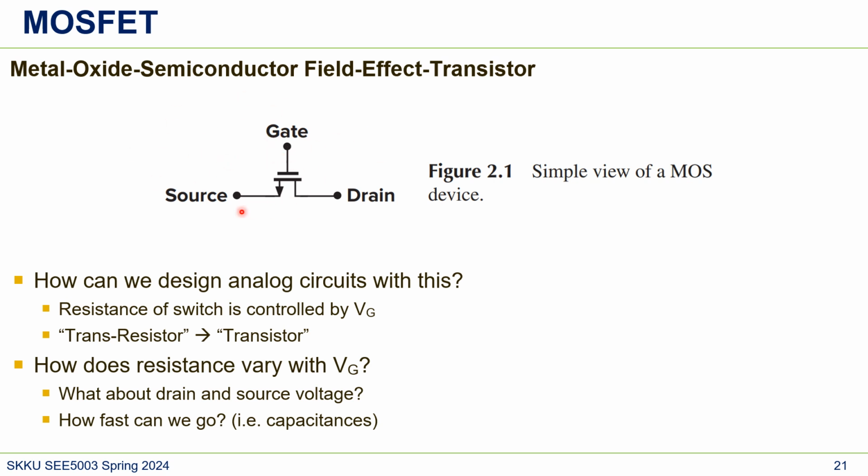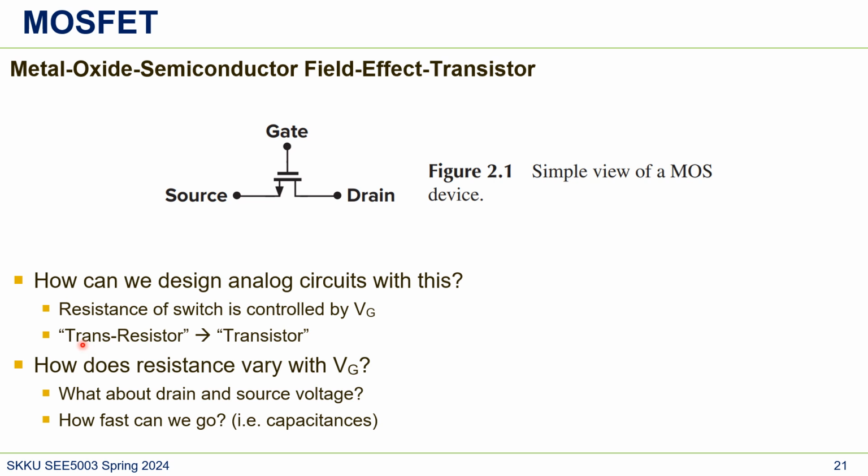We get that this is how it looks, but how can we use this MOSFET in analog circuit design? In the previous slide, as I told you, the gate voltage controls the current flow between source and drain, which means the gate voltage controls the resistance between source and drain.